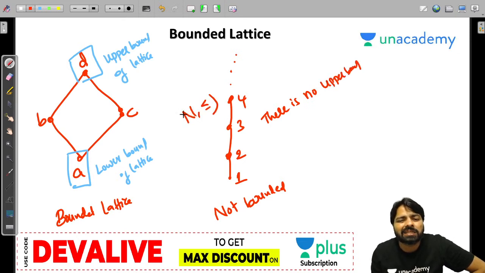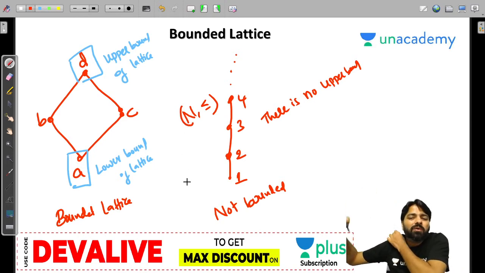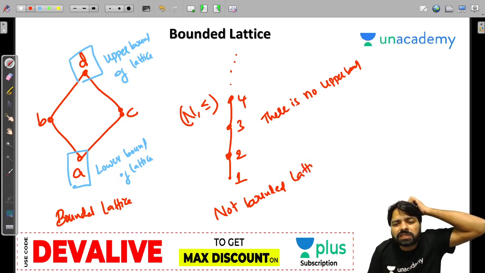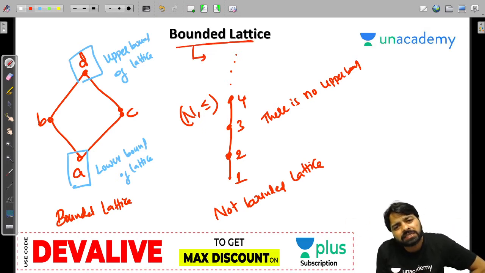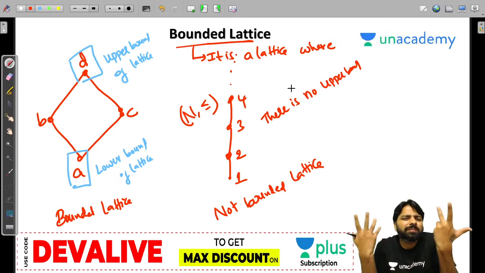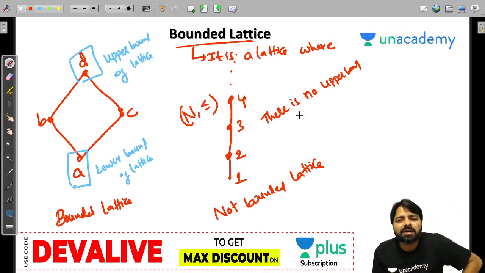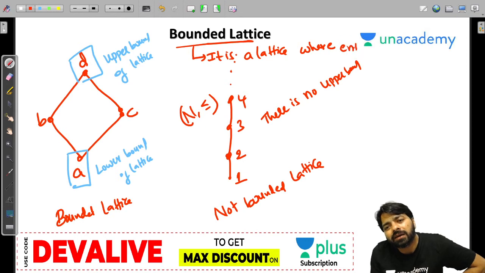Similarly, N comma greater than or equal to also does not have a lower bound, so it is not a bounded lattice. Then what is a bounded lattice? It is a lattice where a lower bound and upper bound exist for the entire lattice. Very simple definition. I'm not going to check two elements; two elements we already checked because it is a lattice. Here the entire lattice has both a lower bound and an upper bound.